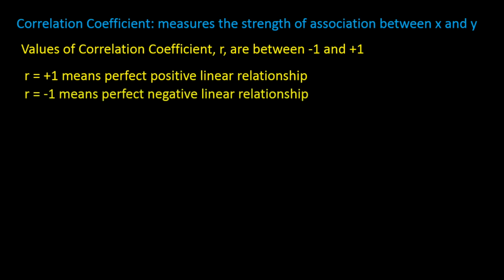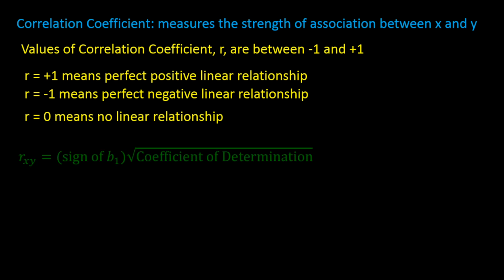An r value of -1 means a perfect negative linear relationship between x and y. In this case, all the data points lie exactly on the line of regression, but the line is sloping downward. r can take on any value between and including -1 and +1. If r is 0, then that means there is no relationship between x and y.